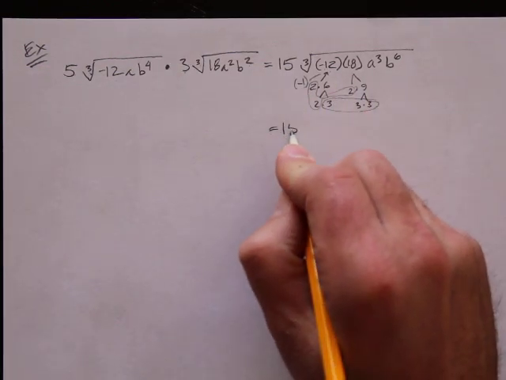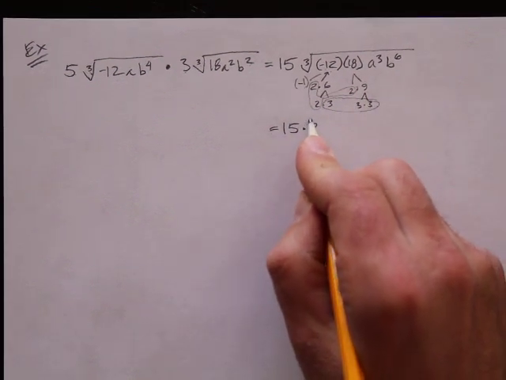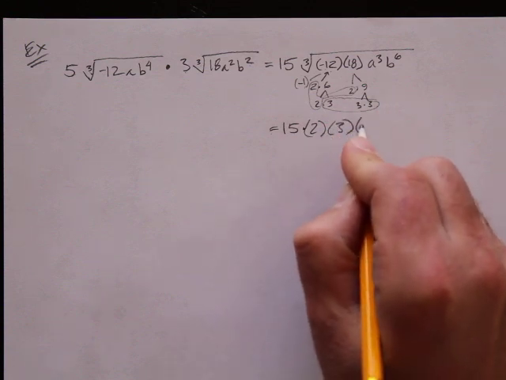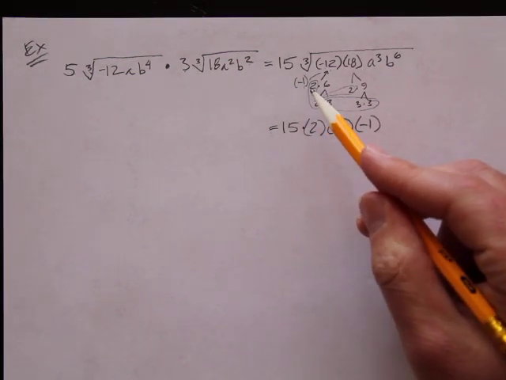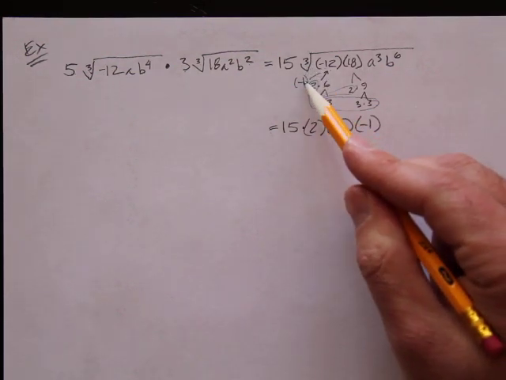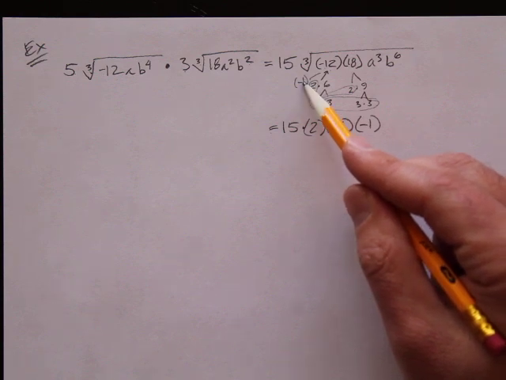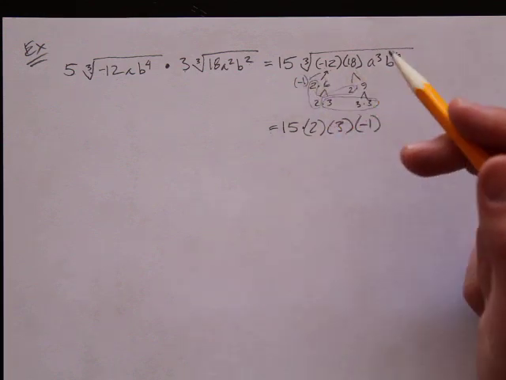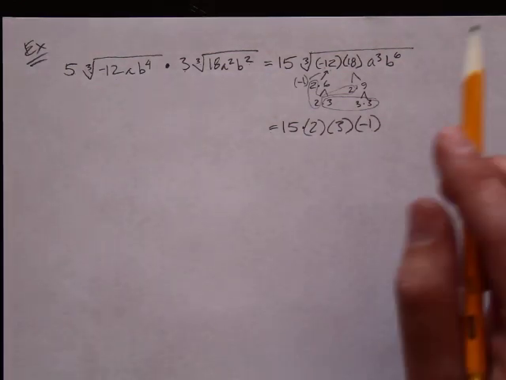So I've got 15 times 2 times 3 times negative 1. Why can I take the negative 1 out? Because the cube root of negative 1 can be negative 1 times negative 1 times negative 1, and that would be negative 1. So the cube root of negative 1 is negative 1. I don't know if that made any sense to you, but it makes perfect sense to me.